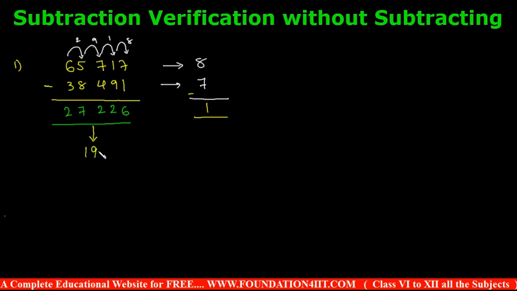In that way you can add, or else you can do it randomly. 2 plus 7 is 9. 9 plus 2 is 11. 11 means 1 plus 1 is 2. Again 2 plus 2 is 4, plus 6 is 10. Or even 1 plus 9 is also 10. 10 is 1 plus 0, which is 1. For verification purposes, this is the technique you can follow. You got the same result. So this is the normal way, same as with additions.